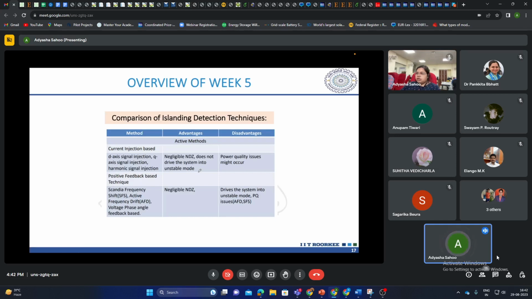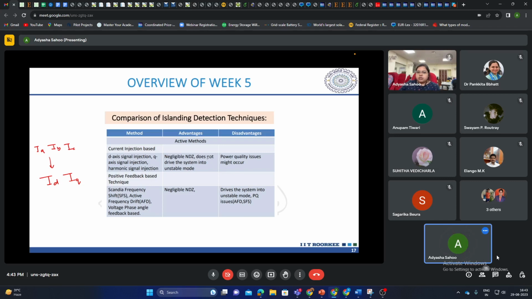Then moving on, in the active methods, we had current injection based techniques where we change the phase quantities into the DQ frame, the direct and quadrature axis frames, using transformation matrices. In these D and Q axes, we had external signal injection, and from that we monitored whether we have an islanding condition or not.